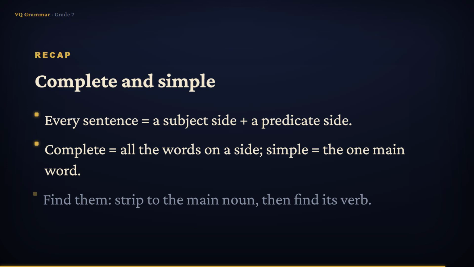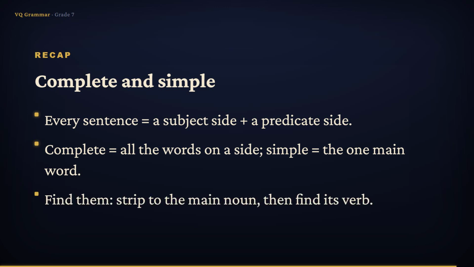When you mean just the one main word, that is the simple subject, which is the main noun, and the simple predicate, which is always a verb, even a whole verb phrase. To find them, strip the subject down to its main noun, then find the verb. Main noun, its verb. The bare bones of every sentence.